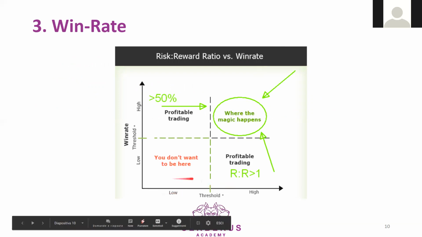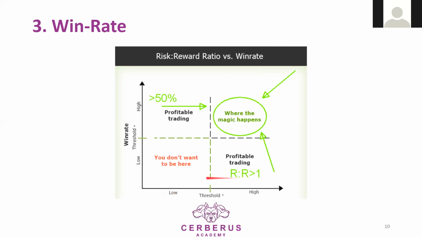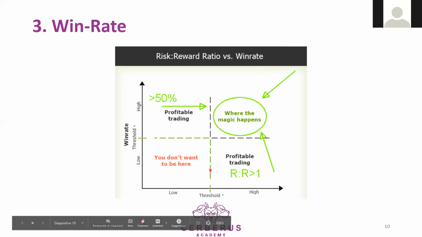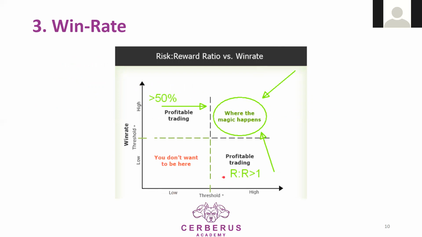We can have a risk-reward ratio, let's say at 1. We try to be with a factor bigger than 1, and in any case we will be profitable. Here also, if we have a high win rate bigger than 50%, we are profitable.